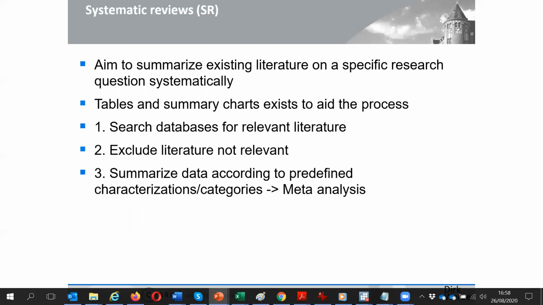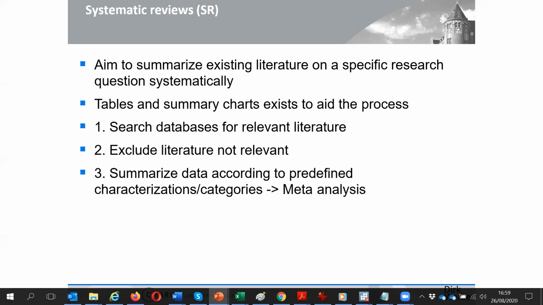But at times, we can move to another higher type of studies, which we call systematic reviews. And what are these systematic reviews? Systematic reviews, their aim is to summarize existing literature on a specific research question. Let's say it's a topic, for example, chloroquine against COVID. There are several studies which have been done to try to assess the effect.